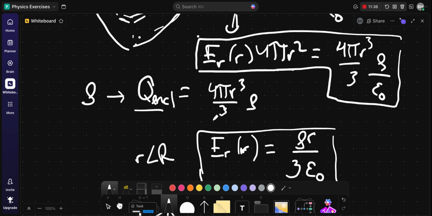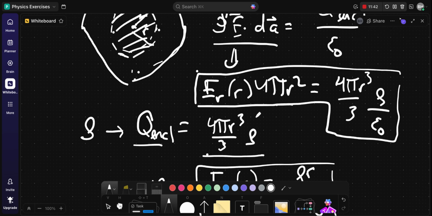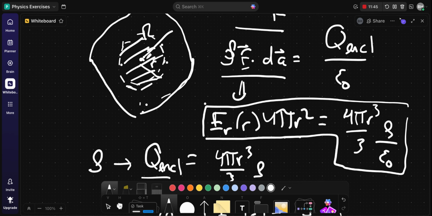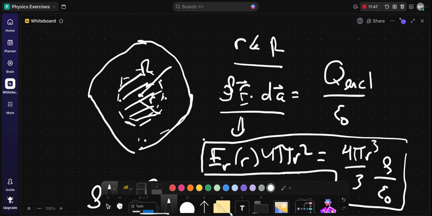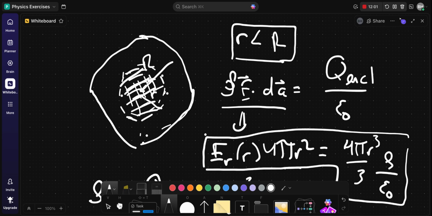The big difference was the formula for the enclosed charge. In that case, small r is smaller than capital R, and only some of the charge on the sphere is enclosed within the Gaussian surface.